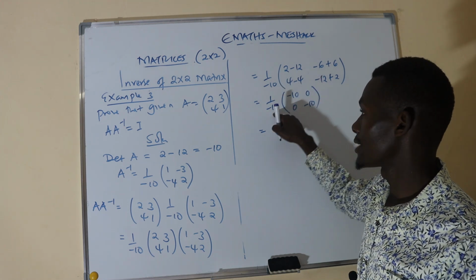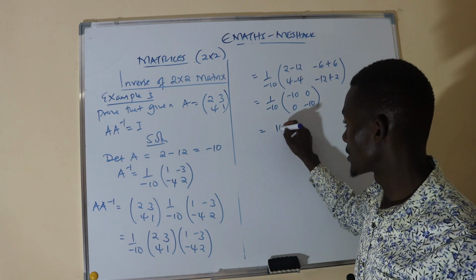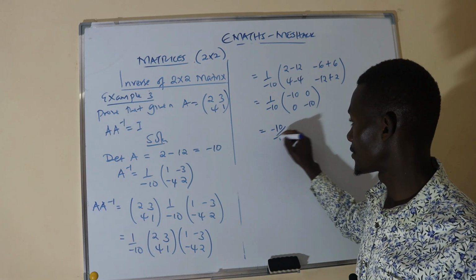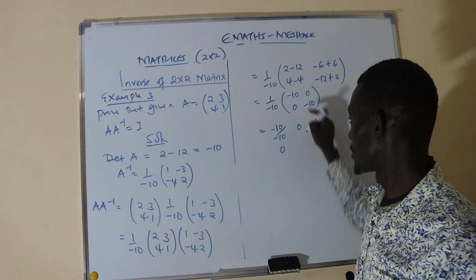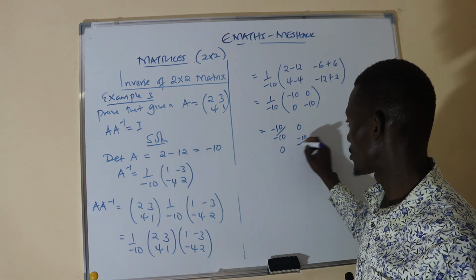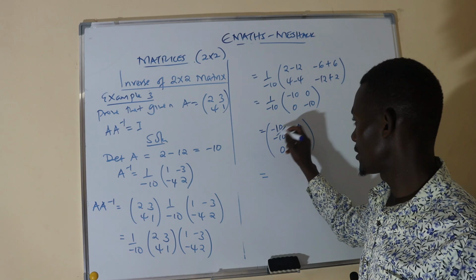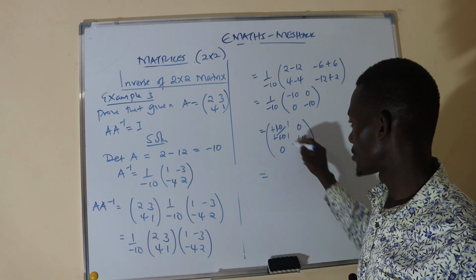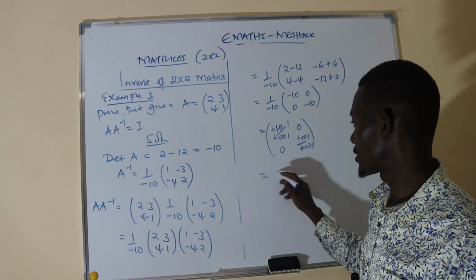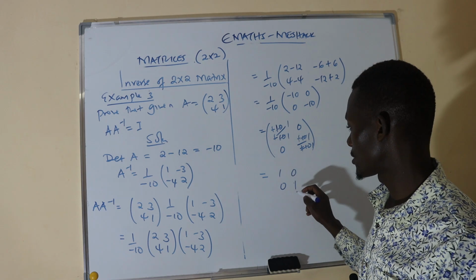What is negative 10 times 1 over negative 10? That gives me 10 over 10. This times this, 0. This times this, 0. This times this, negative 10 over negative 10. Simplifying further, negative and negative go, 10 by 10 is 1. So 1, then 0, then 0, then 1.